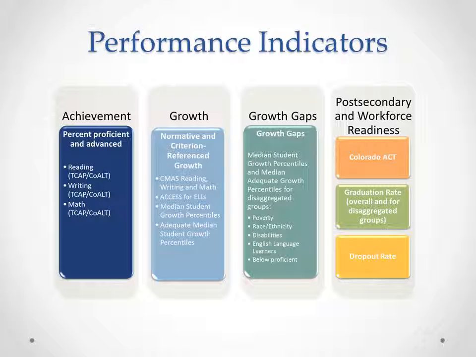For academic growth gaps, the metrics are median growth percentiles and median adequate growth percentiles for students qualifying for free and reduced lunch, minority students, students with disabilities, students who are English language learners, and students scoring below proficient. For post-secondary and workforce readiness, which only applies to secondary schools, the metrics are average Colorado ACT composite score, the graduation rate overall and for disaggregated groups, and the dropout rate.